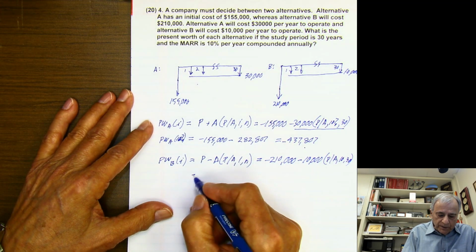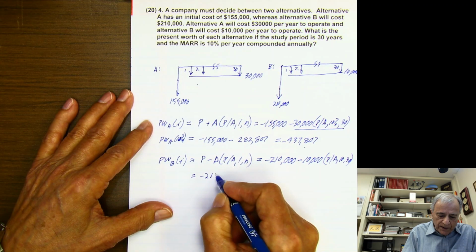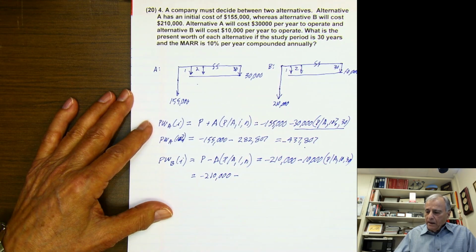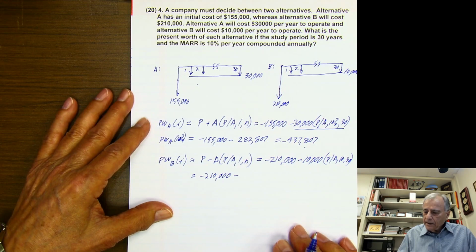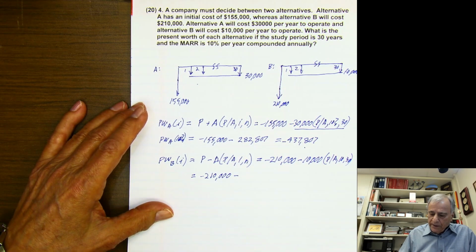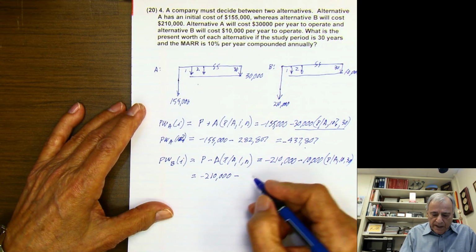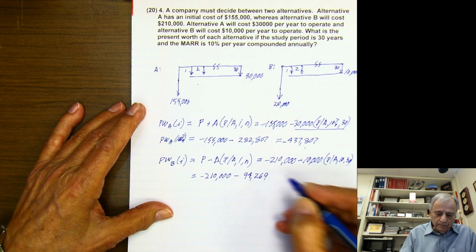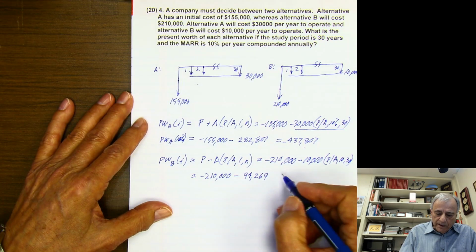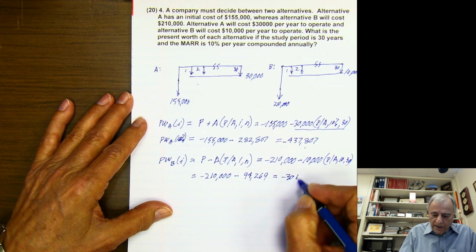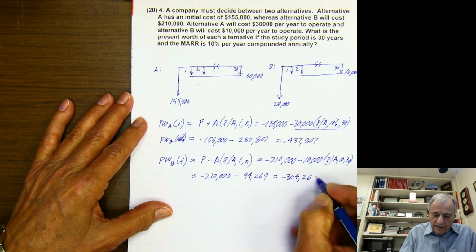And this will be minus 210,000 minus the present worth of the operating cost over 30 years, which is minus 94,269, and that will be equal to minus 304,269.